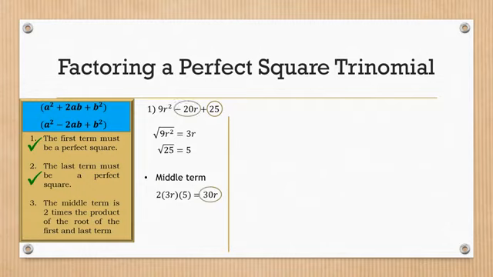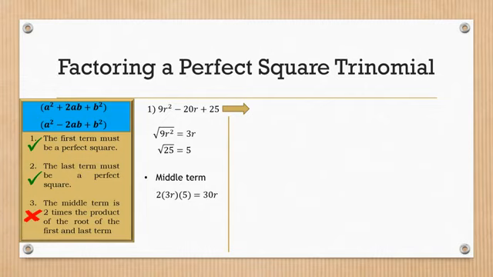Oh, what's the problem here now, class? The middle term is not the middle term it needs to be for a perfect square. Since that is not its middle term, this is not a perfect square trinomial. Though its first and last terms are perfect squares, that does not mean it is automatically a perfect square trinomial.